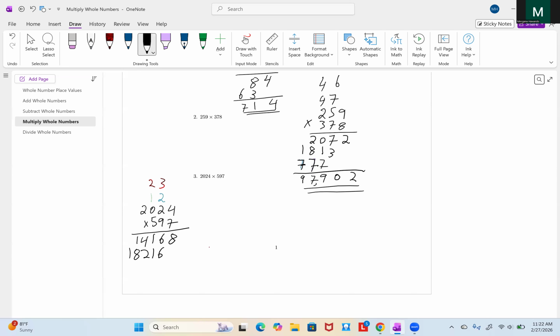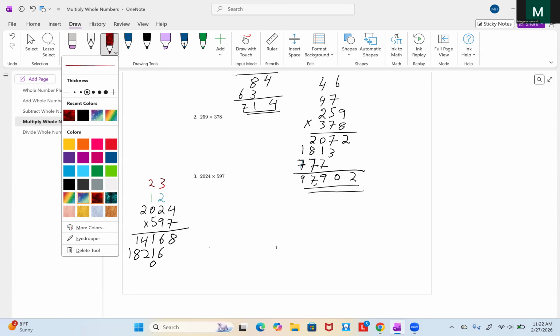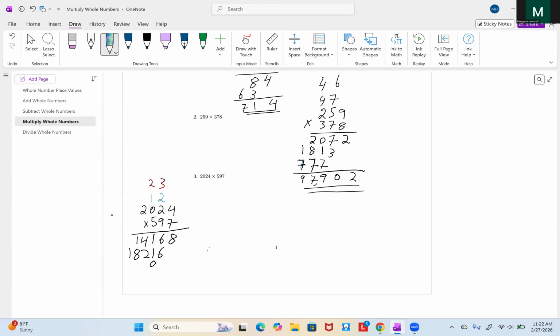5 times 4 is 20. Now, instead of putting the 0 below the 6, we put it below the 1. 0 and carry over the 2. 5 times 2 is 10. 10 plus 2 is 12.